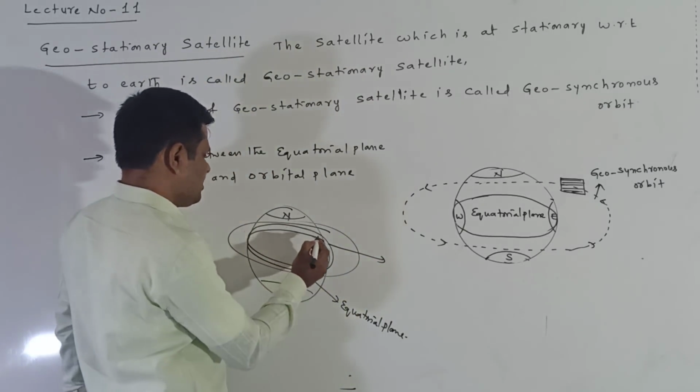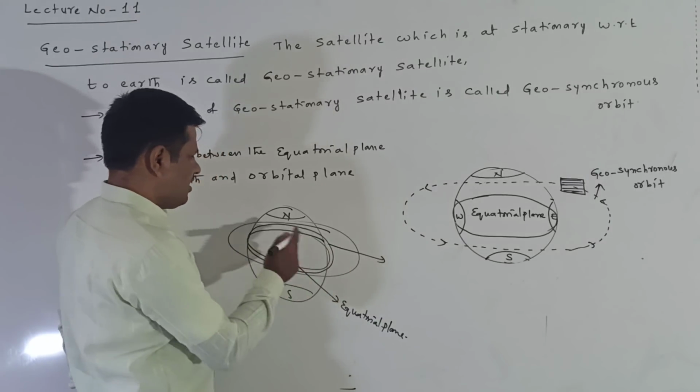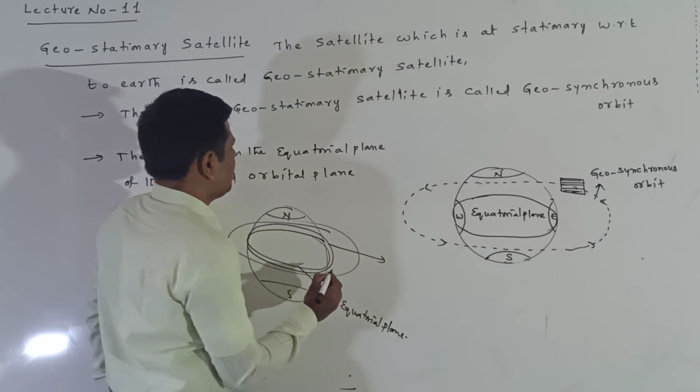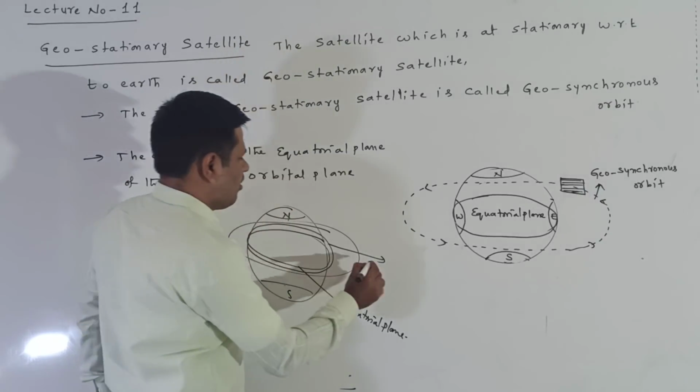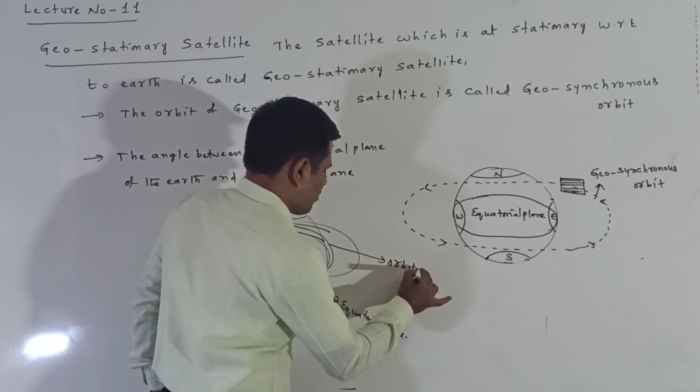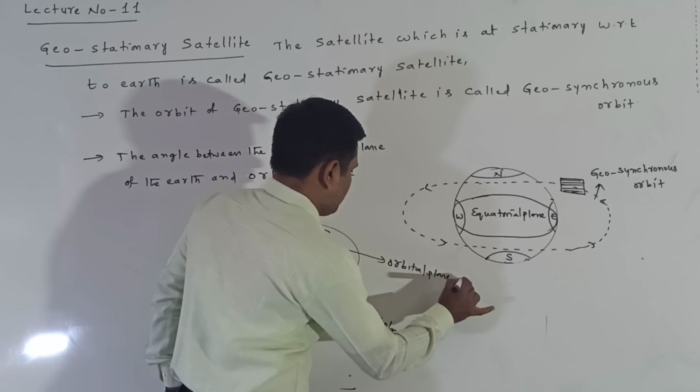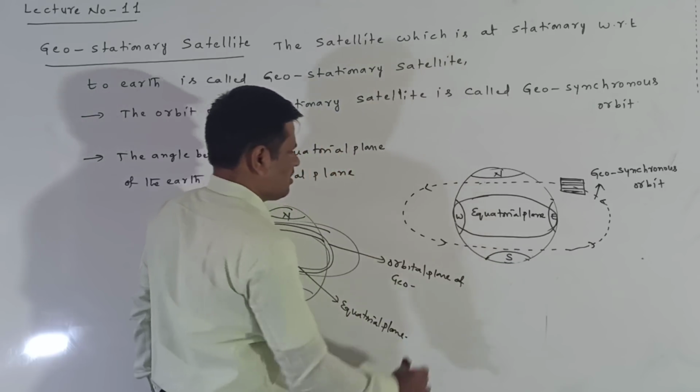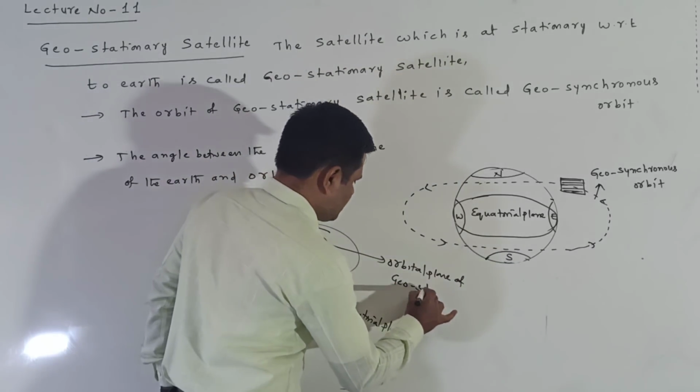This plane is called the orbital plane of the geostationary orbit.